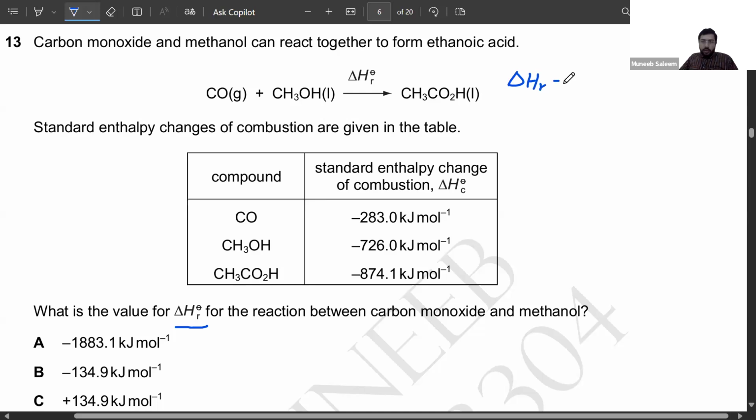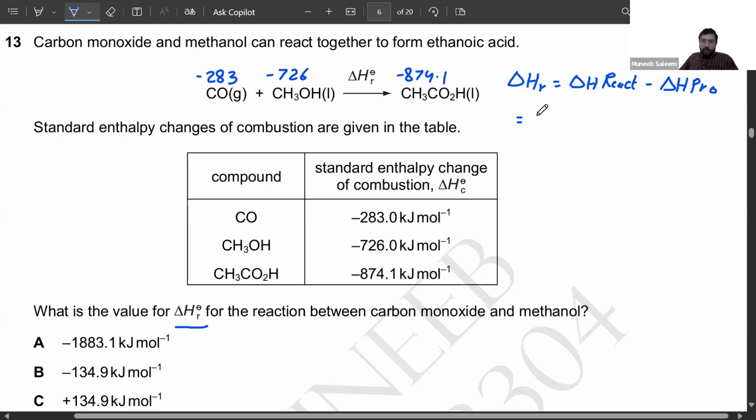The value for delta H would be the total enthalpy of the reactants minus the total enthalpy of the products, a simple formula. So here the reactant value is basically minus 283 for carbon monoxide, which I'm going to put here. It is minus 283 here. And the other, methanol, minus 726. And for the product, it is minus 874.1.